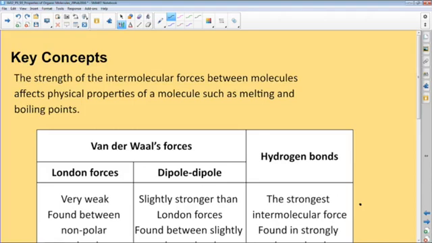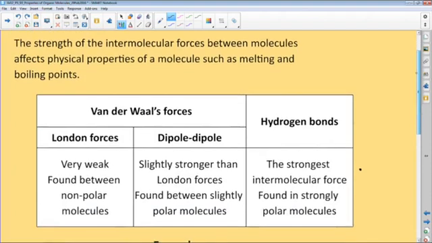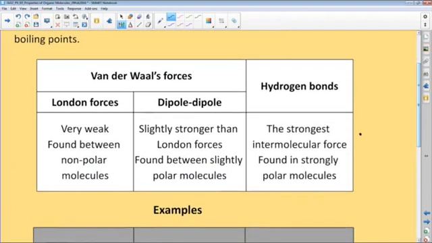And now what's important with these functional groups is you need to be able to identify the actual van der Waals forces in them. To remind you of what you learned last year, van der Waals forces can be broken up into two types, London forces and dipole-dipole. London forces are between non-polar molecules and they are very, very weak. Dipole-dipole are slightly stronger than London forces, but we have to have a polar molecule with them.